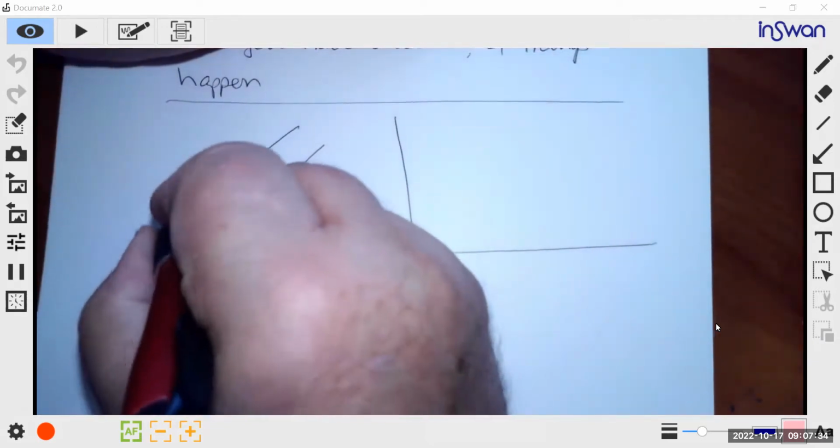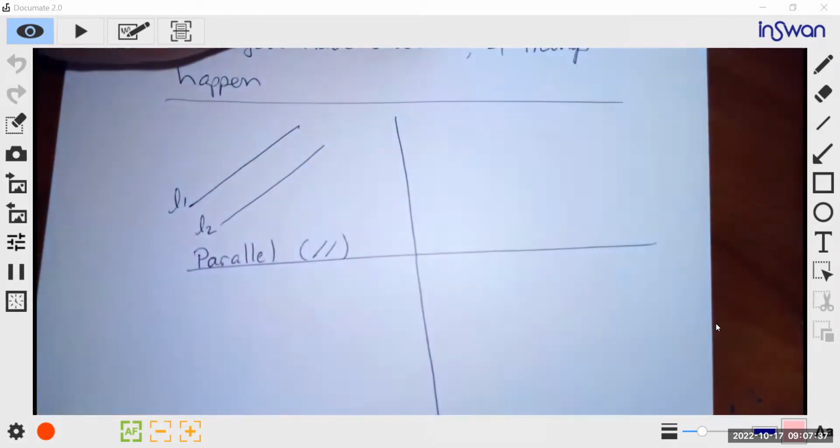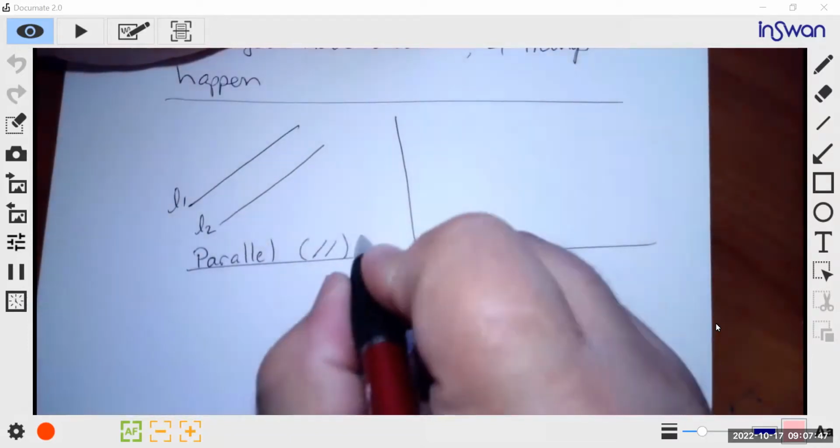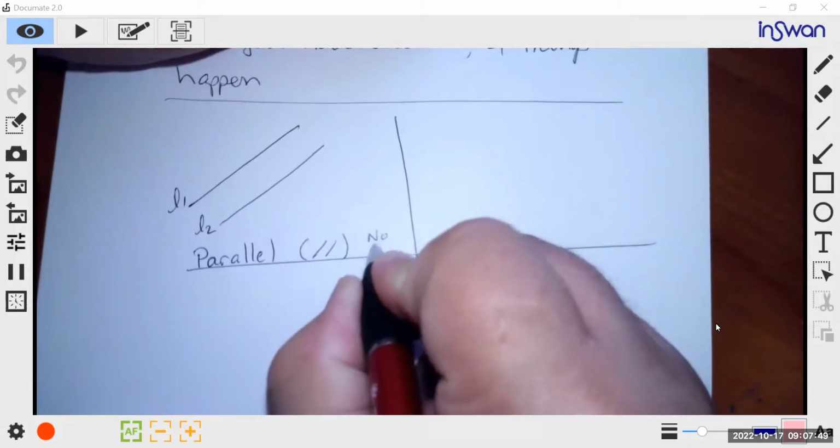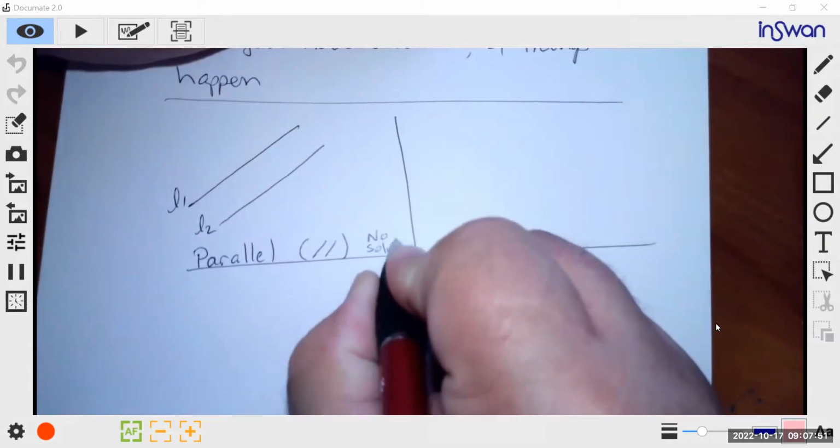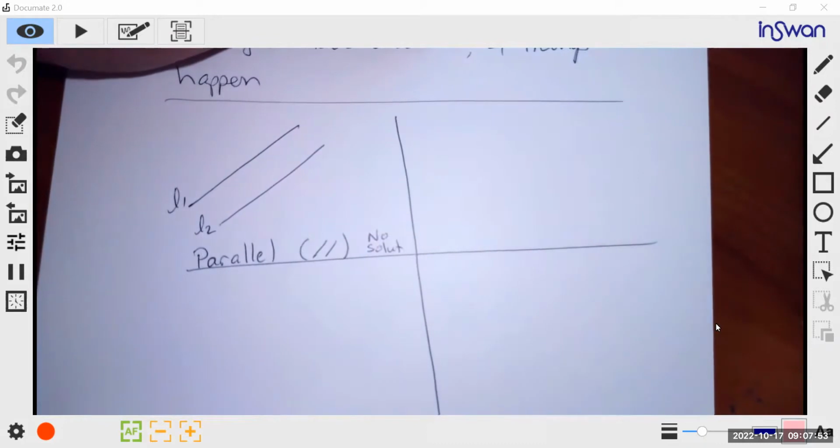This is line 1. This is line 2. The two lines never intersect. Since they never intersect, you have no solutions. Because when you have two lines, it's where they cross.